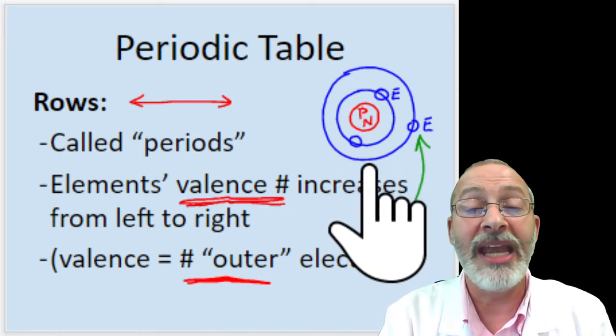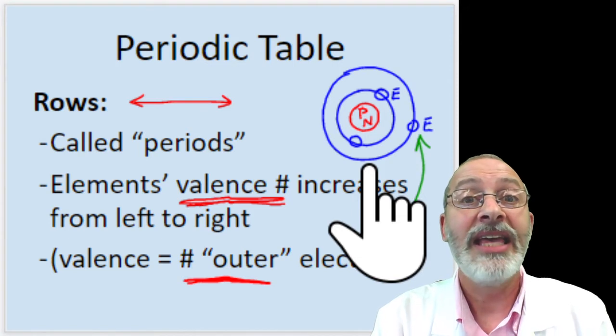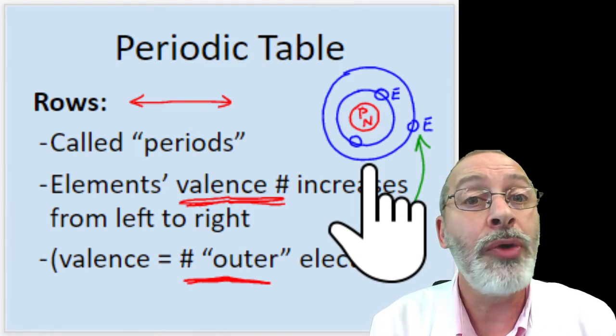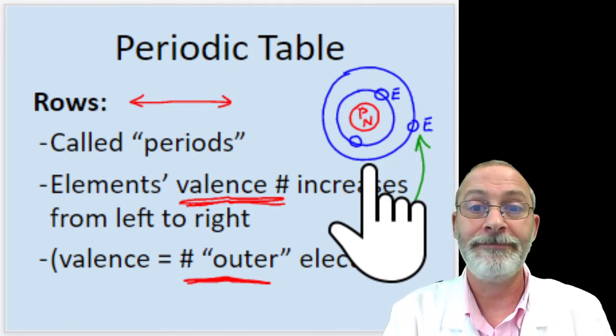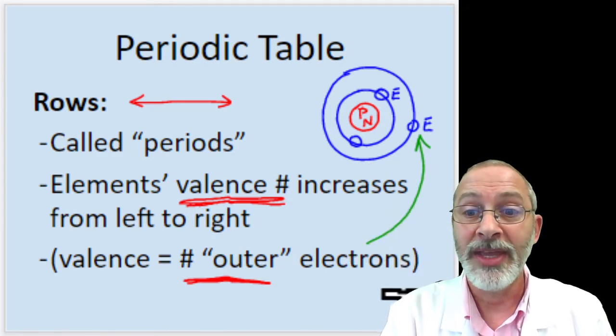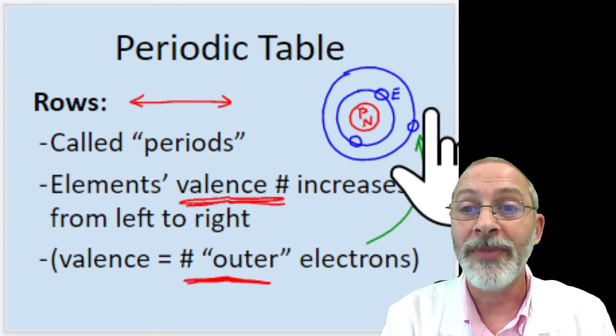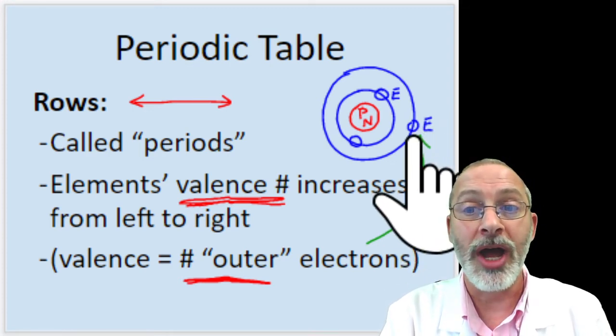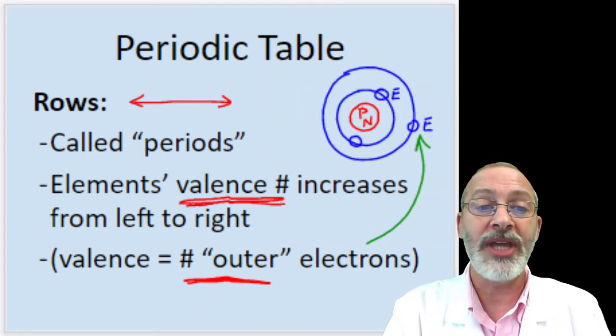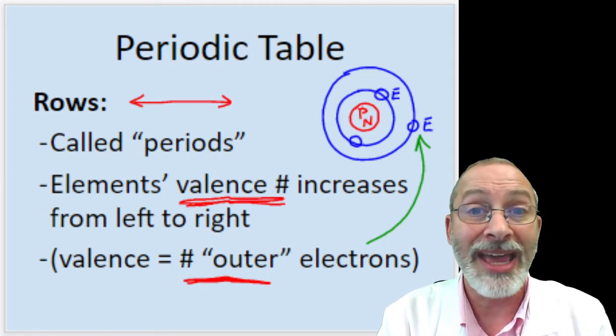How many electrons are in the second, or the outermost, energy level? I hope you can see that the number is 1. There's only 1 electron in the outermost energy level of this diagram.